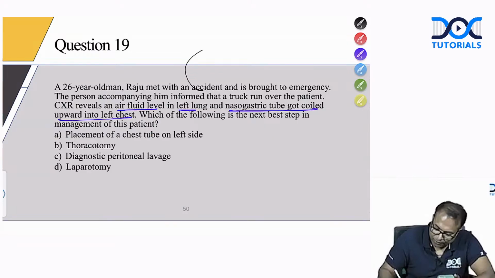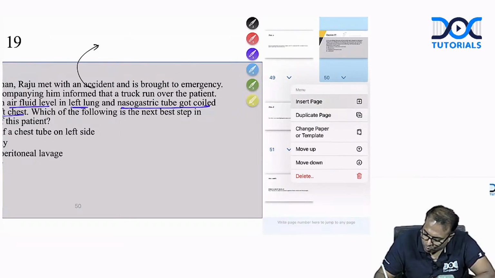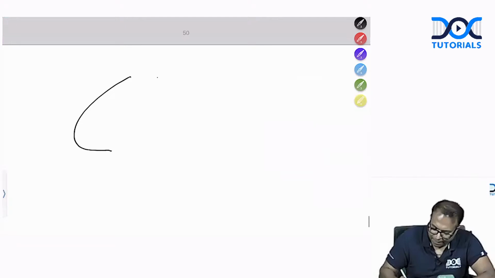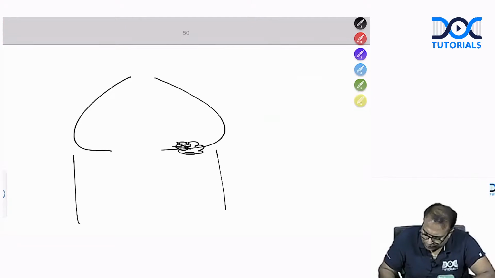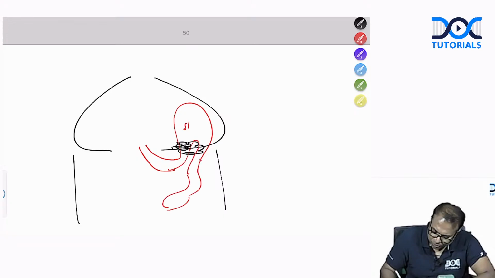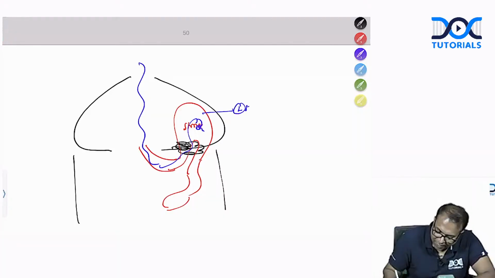When will you have Ryle's tube going into the chest? It's a classical question. This is the chest, this is the abdomen. When there is a rupture of the diaphragm, the contents from the abdomen, most importantly the stomach, go into the chest like this. So when I pass the Ryle's tube, it goes into the stomach, which is already there in the left side of the chest.